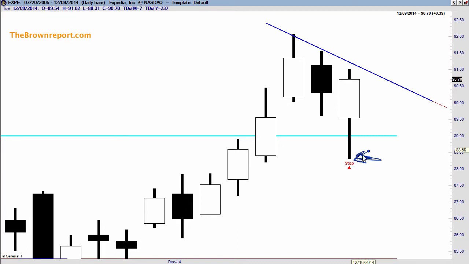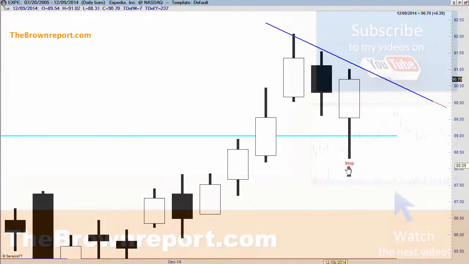So we will know we're wrong if this stock comes from way up here tomorrow, comes down, breaks support, keeps going, breaks this level that it couldn't break yesterday. That's where you want to be stopped out, because at that point the analysis is wrong, and that happens sometimes. But I think it's smart to know where to cut your losses.